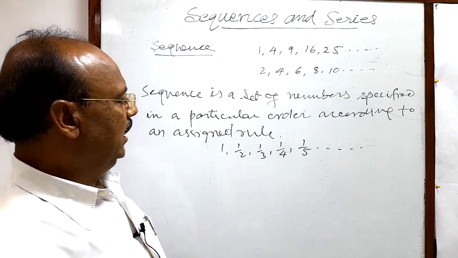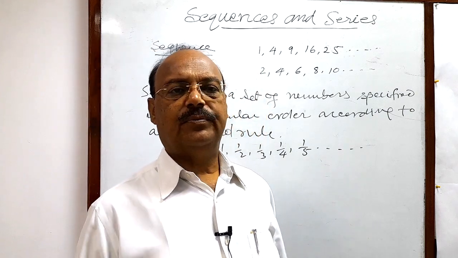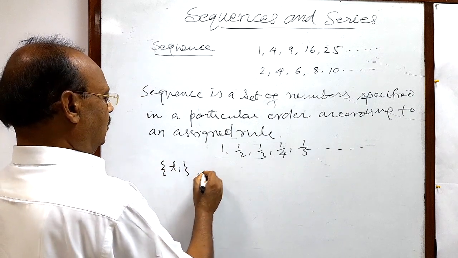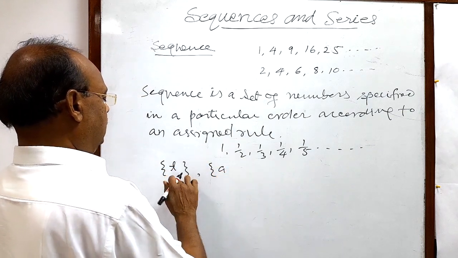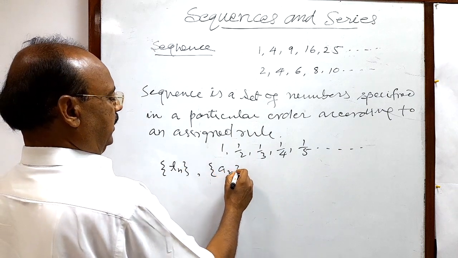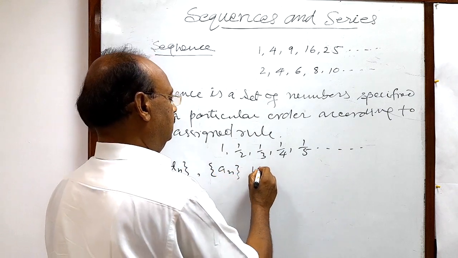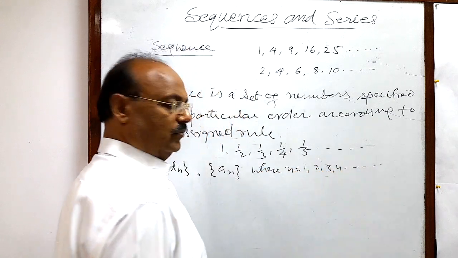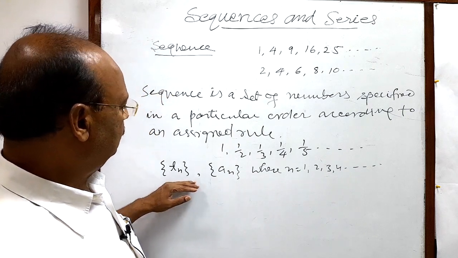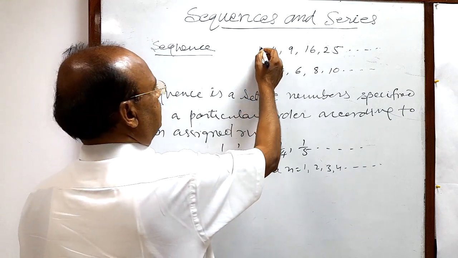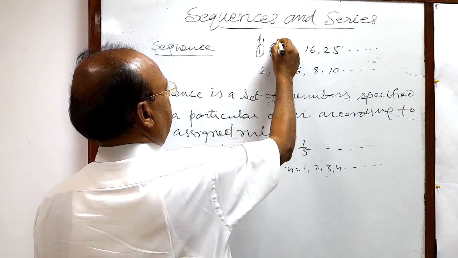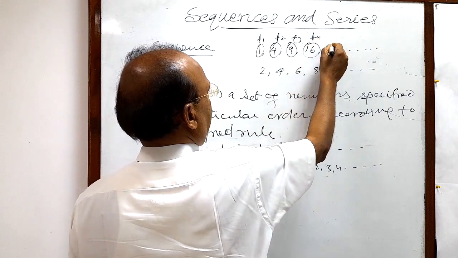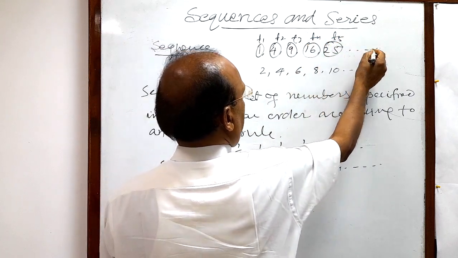Sequences are represented by the notation T1, T2, Tn or An, where n is equal to 1, 2, 3, 4, and so on. According to this representation, this is T1, this is T2, this is T3, this is T4, this is T5, like this.